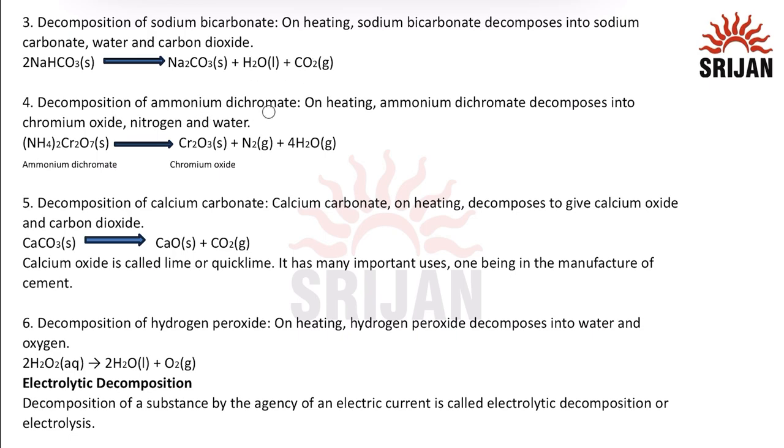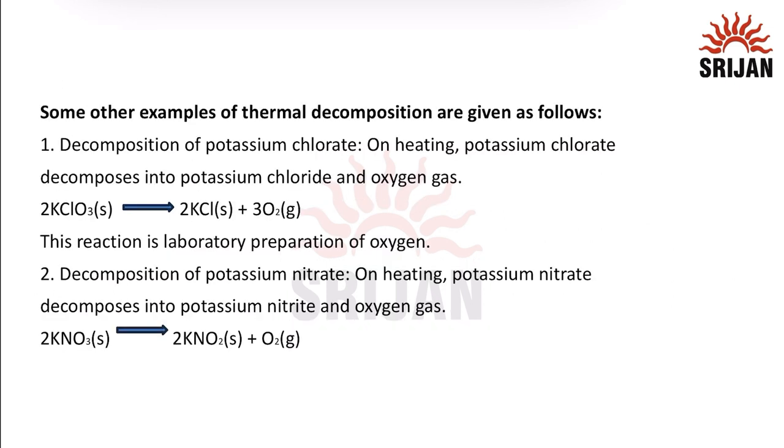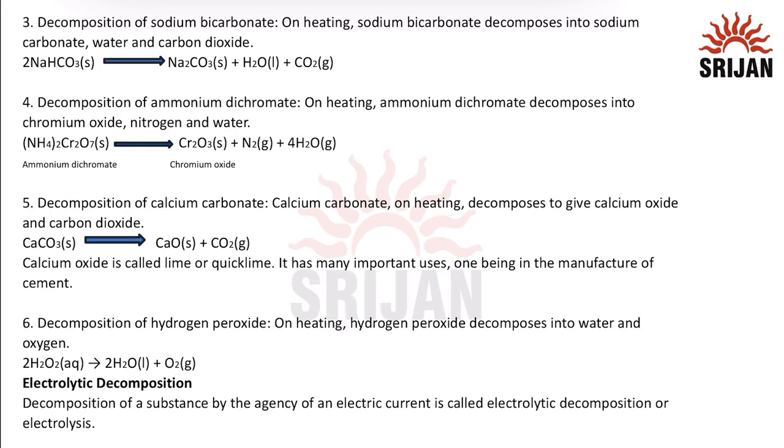Similarly, decomposition of ammonium dichromate, decomposition of calcium carbonate, and decomposition of hydrogen peroxide. So these six examples are of thermal decomposition. Remember, we have to give heat in all of these cases, otherwise the decomposition will not happen.